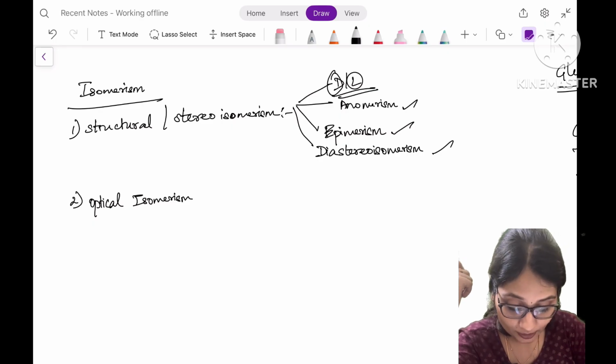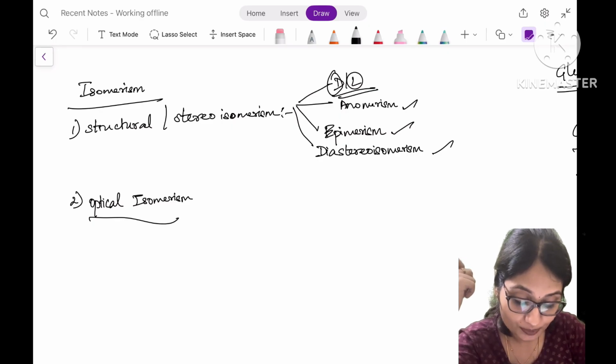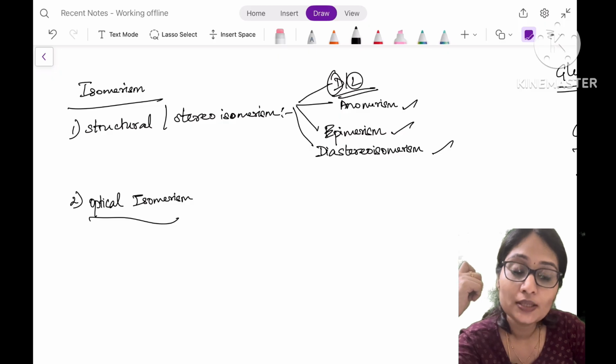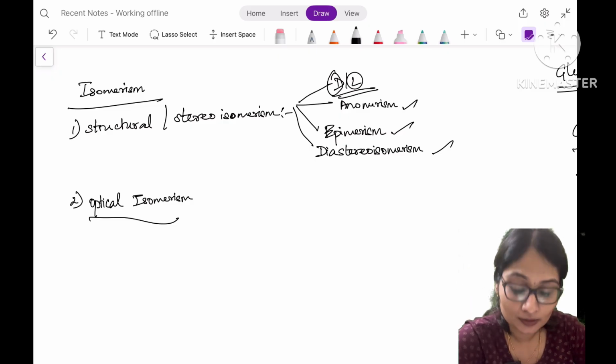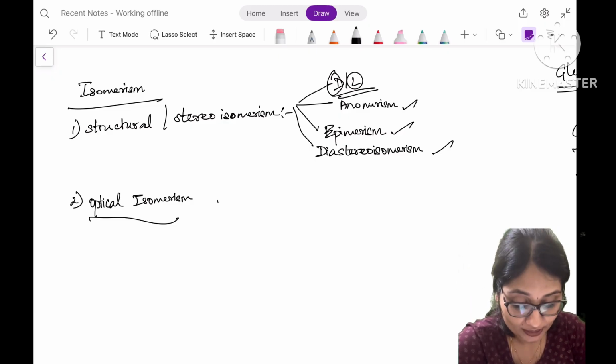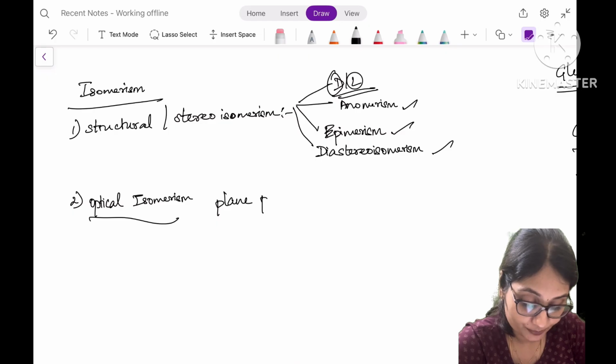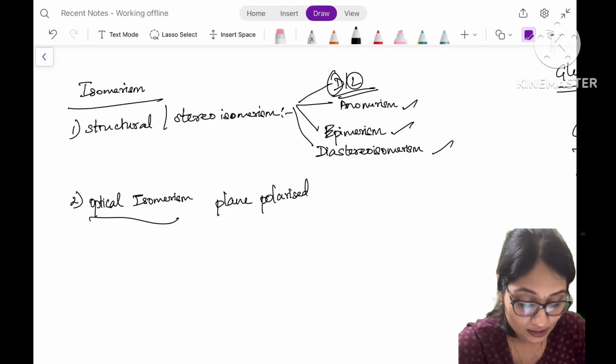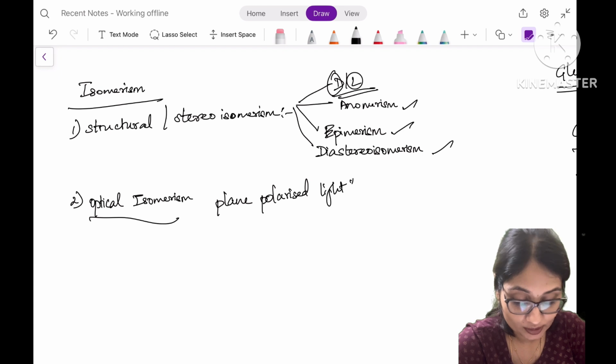And then optical isomerism, which is the ability of a molecule to rotate plane polarized light. Depending upon how it rotates it, it is categorized.